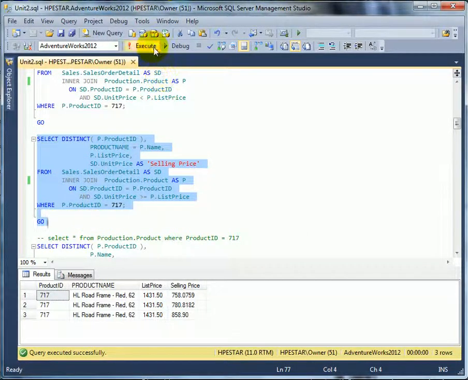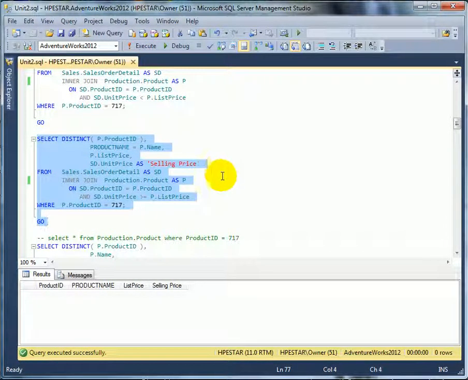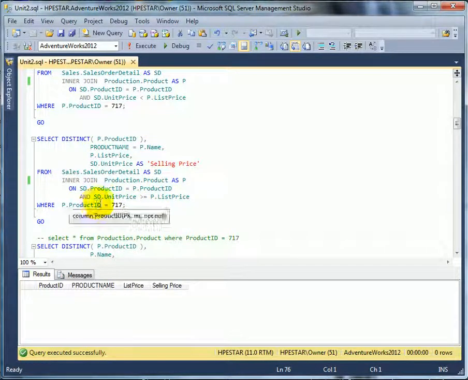In this instance, we are interested in a particular product ID, and there is no row satisfying the join condition, which is unit price greater than or equal to list price for a particular product ID.